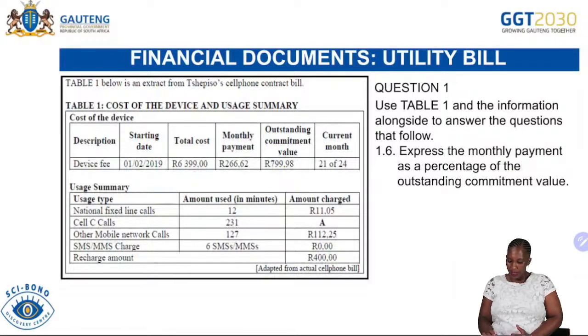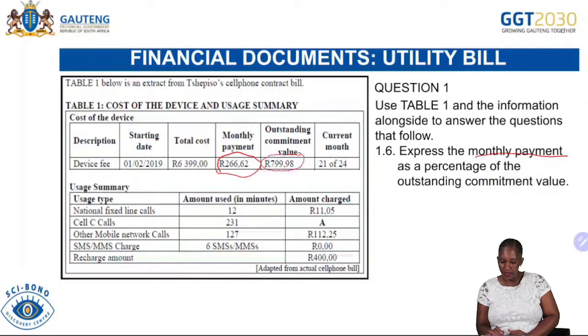Now let's continue, boys and girls. It says, express the monthly payment. Monthly payment, where's our monthly payment? Here is our monthly payment as a percentage of the outstanding commitment value. How much is the outstanding commitment value? It's 799 rand 98. So how do we express it?